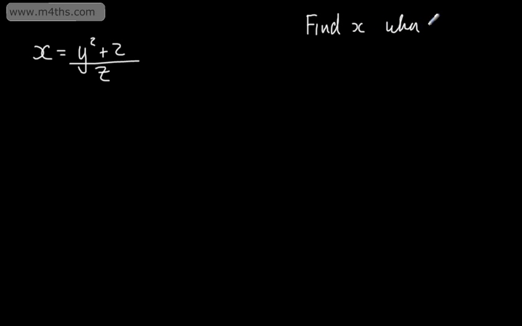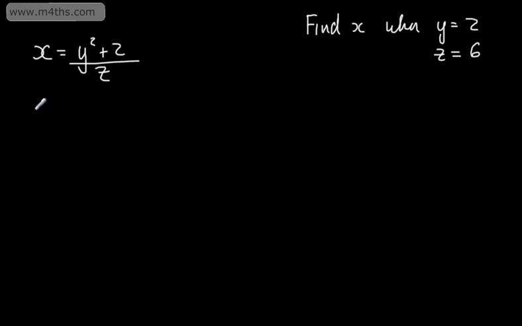I'm going to say now that x is equal to y squared plus 2, divided by z. And we're going to find the value of x. So find x when y is equal to 2, and z is equal to 6.